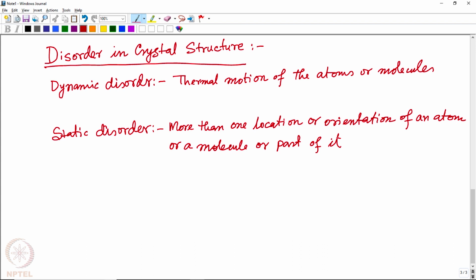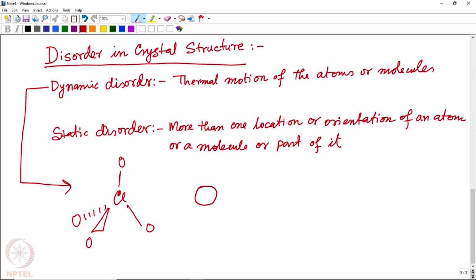So this dynamic disorder, which is mostly due to a temperature effect, it may so happen that we have a perchlorate anion which is tetrahedral in geometry. At room temperature, the chlorine may have a very large thermal ellipsoid, which means the chlorine is vibrating along x, y and z.